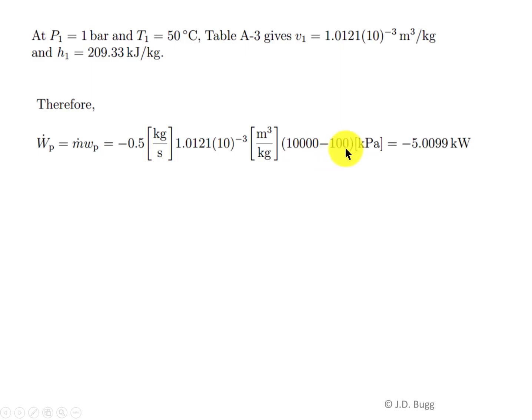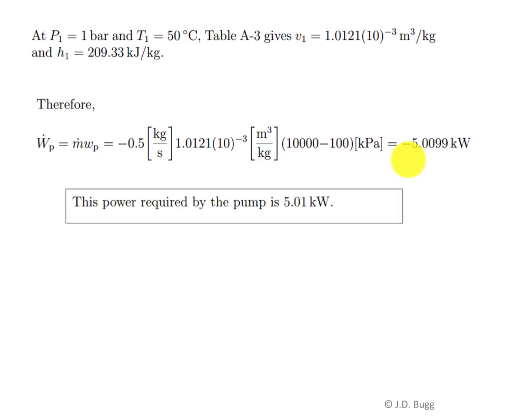So we do that calculation, we find that W dot P works out to minus 5.099 kilowatts. And notice that it makes sense that this is negative because it's a work transfer going into the system, work done on the system. So we can write our conclusion here that the power required by the pump is 5.10 kilowatts.